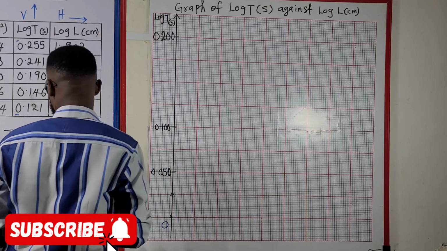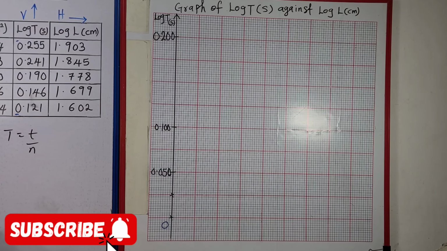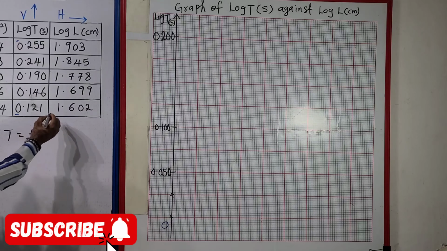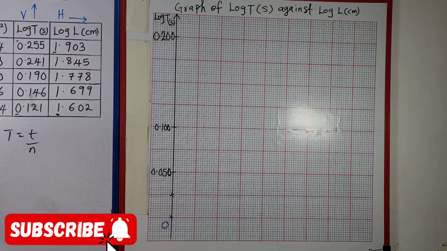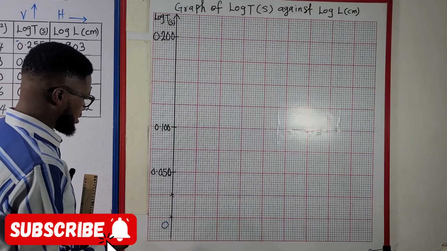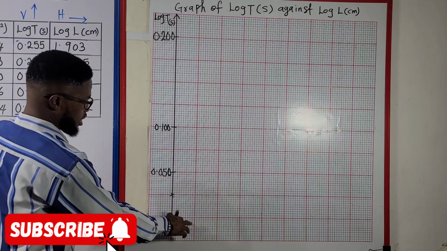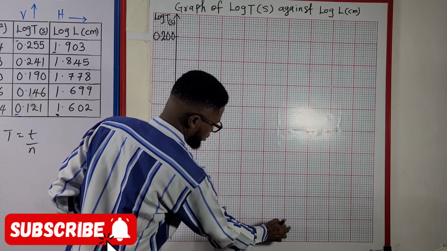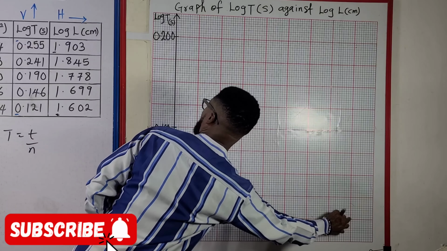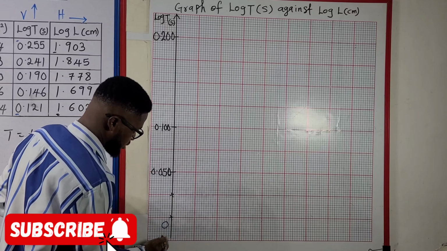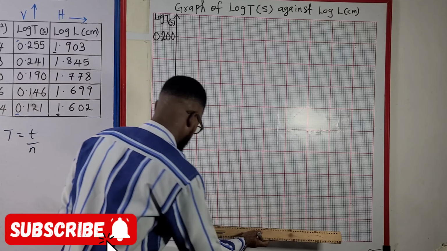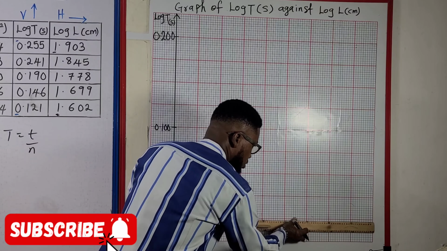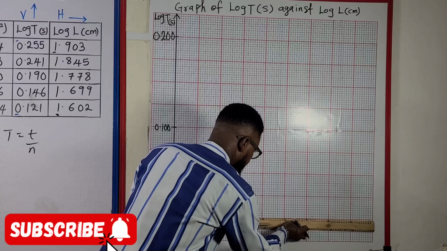Then talking about my log L, the lowest here is 1.6 and the highest is 1.9. So I need to draw my straight line for the horizontal axis.